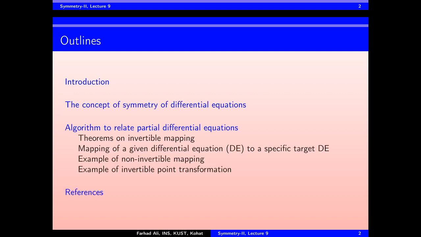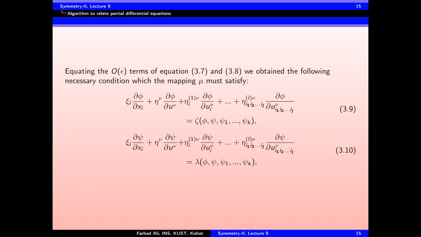These are the outlines of my talk. Differential equations, and most probably a system of partial differential equations. So equating the order epsilon terms of equations 3.7 and 3.8, we obtain.